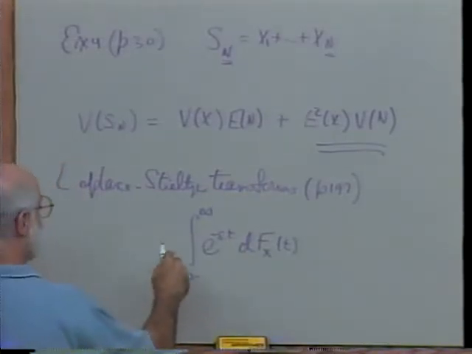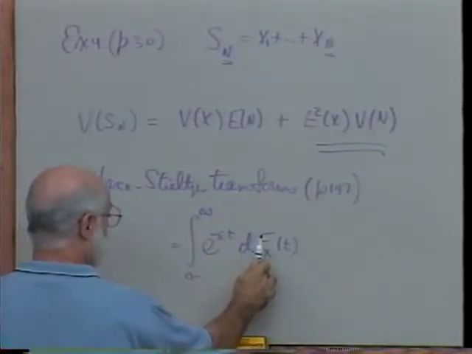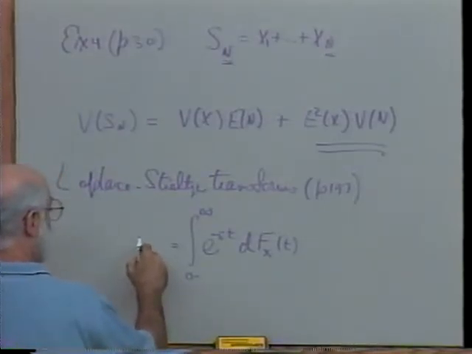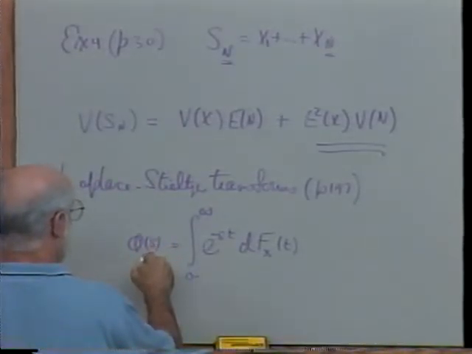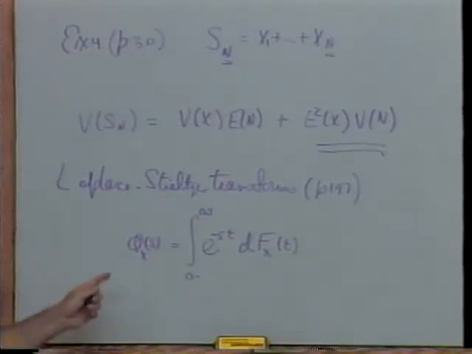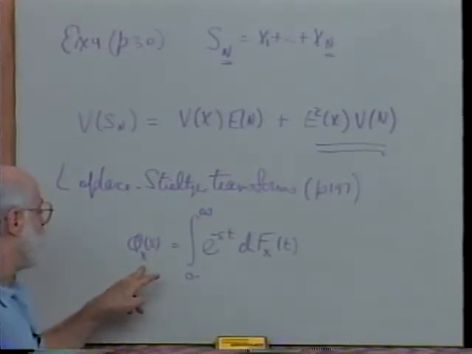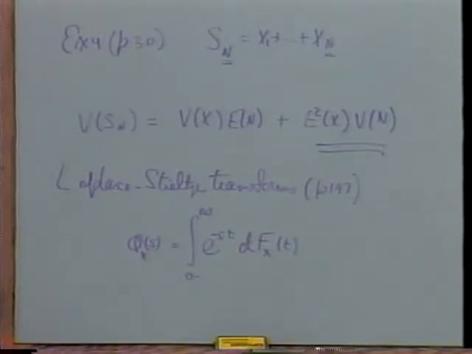That's the definition of the Laplace transform of the distribution function of the random variable x. And let's call that phi of s. I'll put the x in here to indicate that we're talking about the transform of the distribution function of the random variable x.